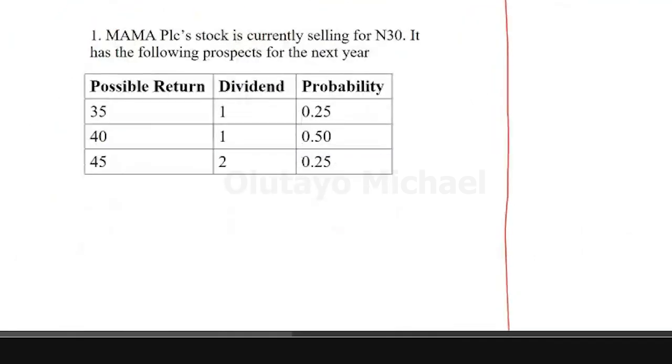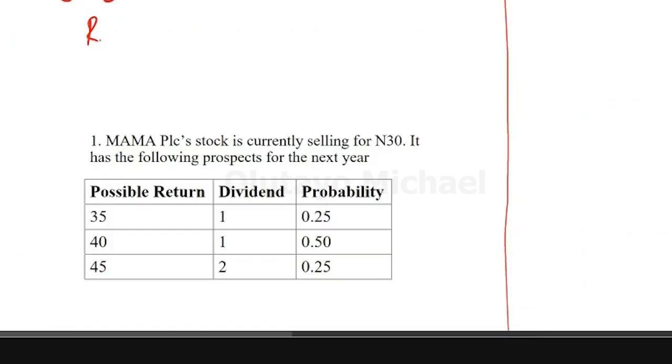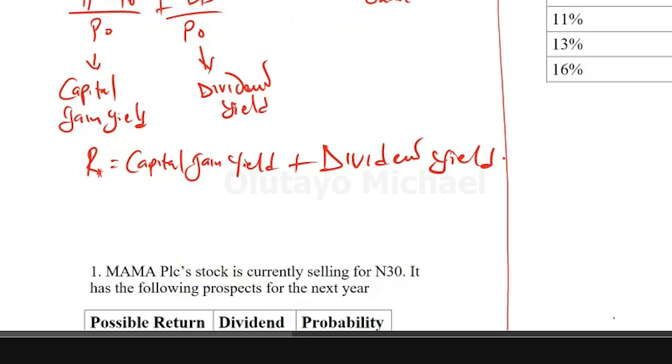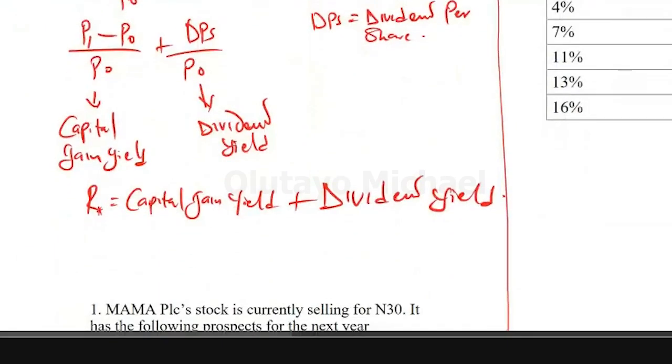So, which therefore means return on assets using holding period is capital gain yield plus dividend yield.